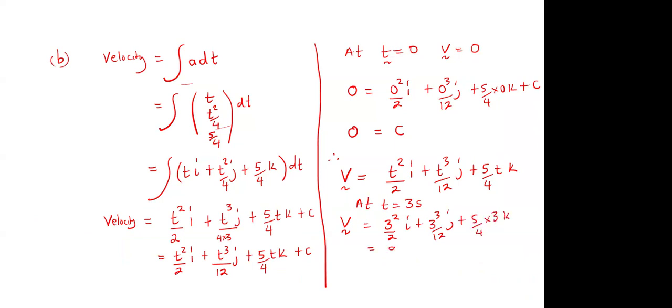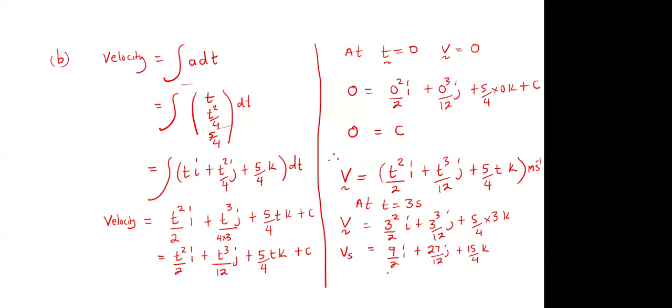So this is 9 out of 2i plus 3 cubed, which is 27 out of 12j plus 5 times 3, that is 15 out of 4k. But what are we interested in? So here, if you want, you can put your meters per second.